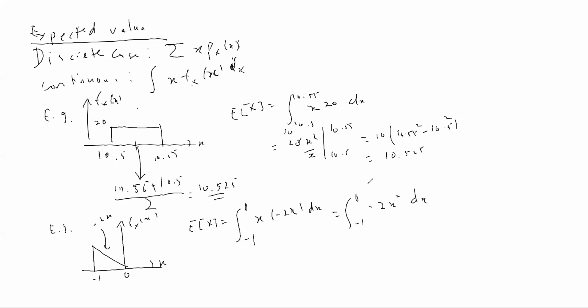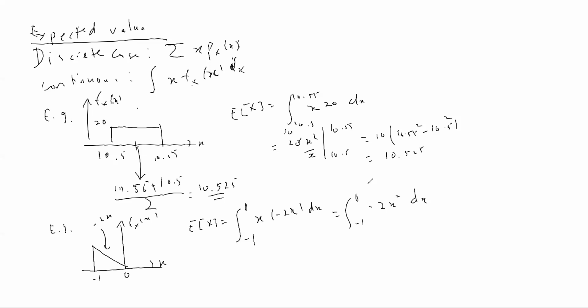Now, before solving it, should my answer be closer to negative 1 or 0, my expected value, even before solving it? Negative 1, because the density is higher on the negative 1 side.